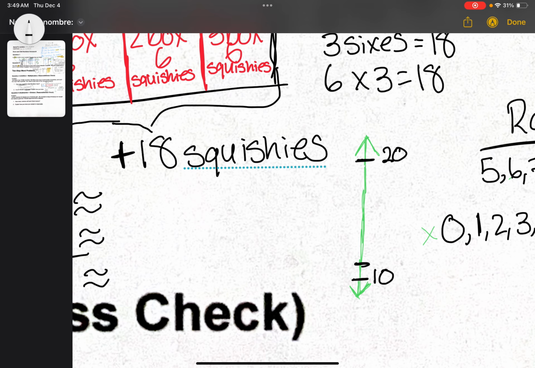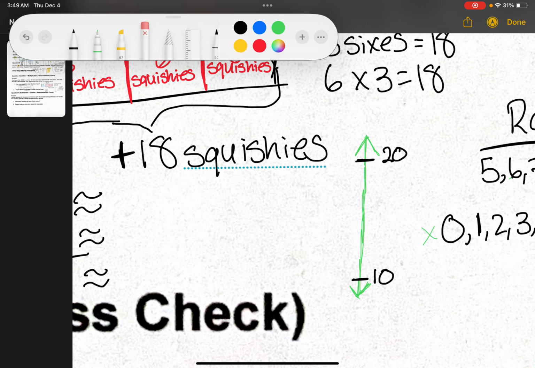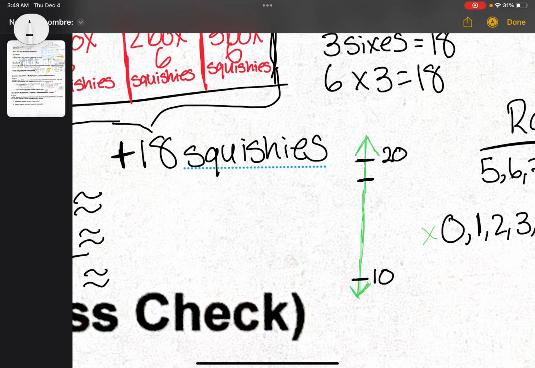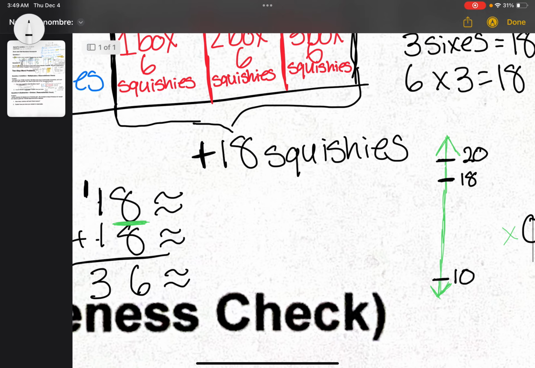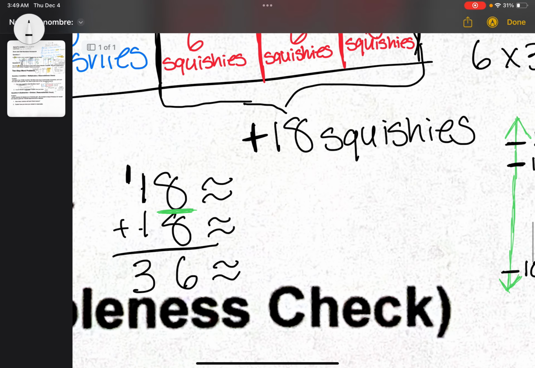Should be at the bottom right here? No, that's too low. We can't do that. But we can put it on top because it is closer to 20. Now, looking at these numbers, is 18 closer to 20 or is it closer to 10? It's closer to 20. So that means 18 rounded to the nearest 10 is 20.